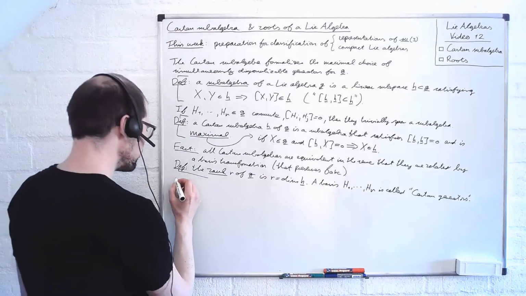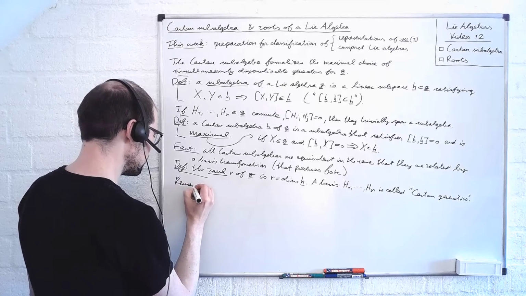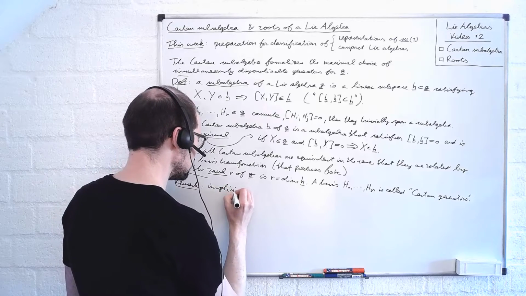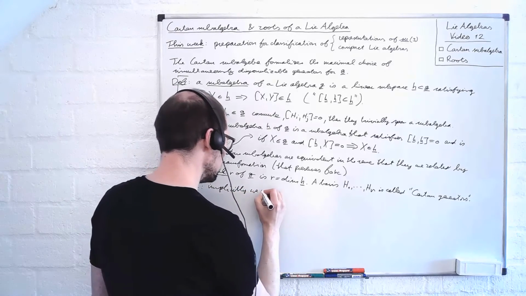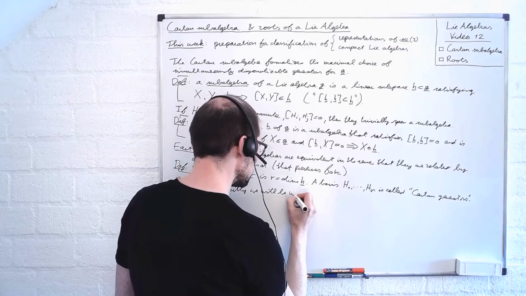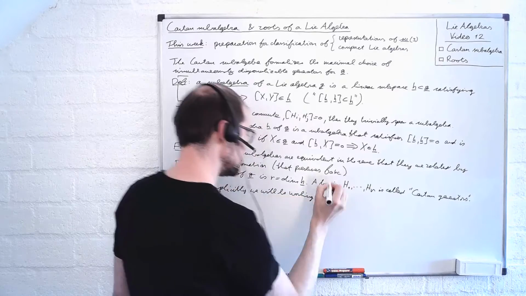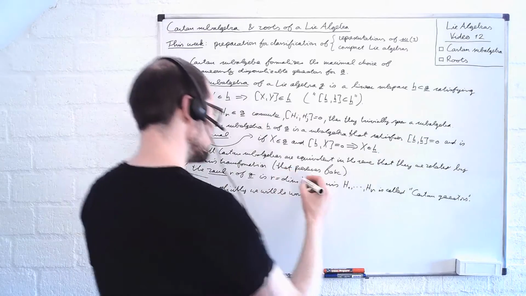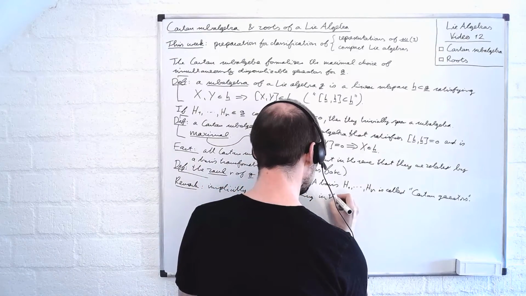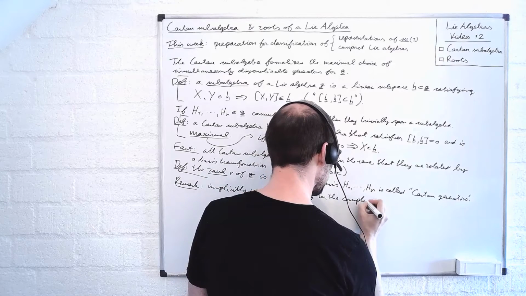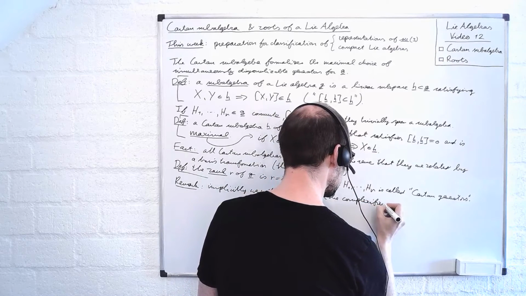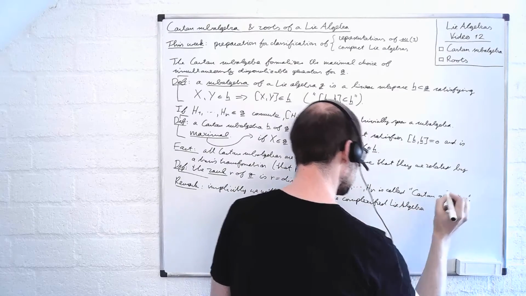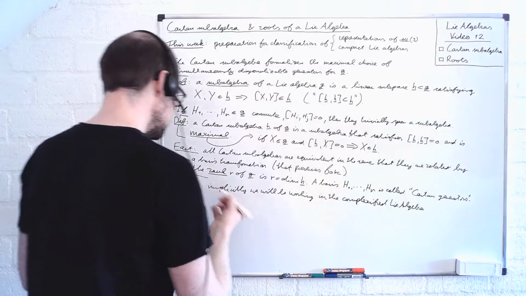So here's just a quick remark that implicitly we will be working not really in the Lie algebra itself, but its complexification. We're working in the so-called complexified Lie algebra. So what is a complexified Lie algebra?